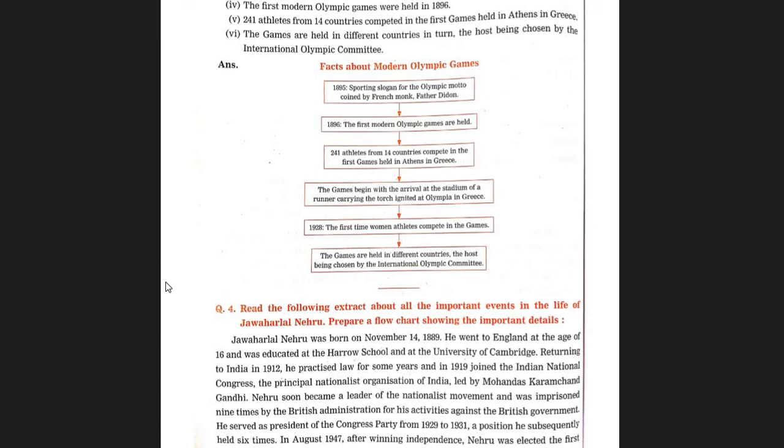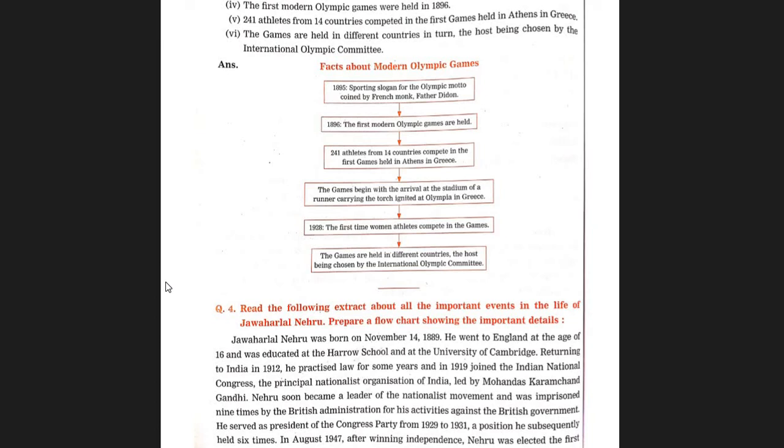It's about 241 athletes. After that, what happened? So see, the occurrences are given one after the other. After that you can see 1928, the first time women athletes competed in the games.